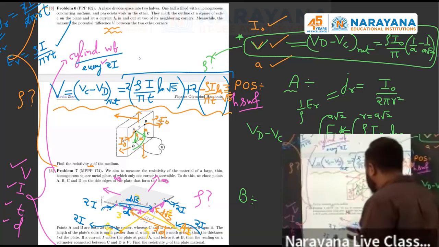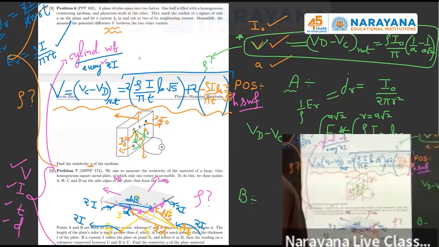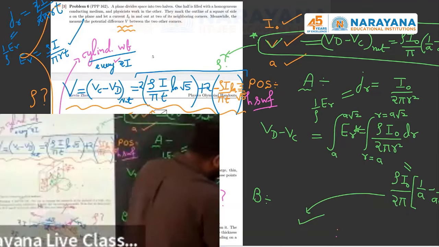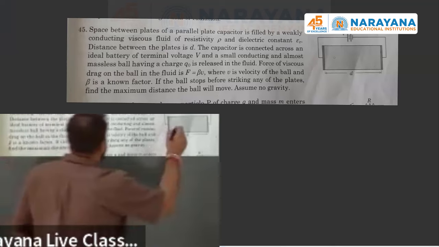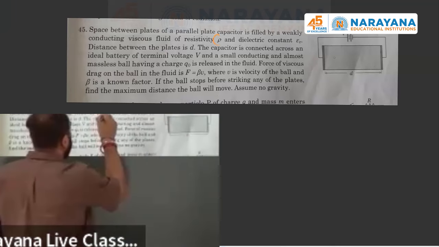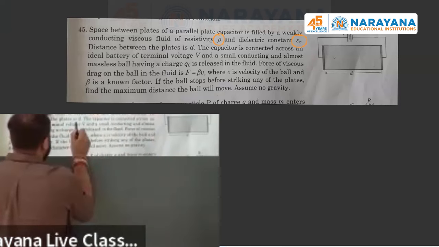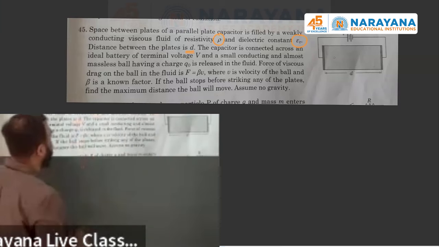So both the questions are based on the geometry or the symmetry, and they are identical ideas to solve, right? So that liquid has a resistivity rho, a dielectric constant of epsilon r, and the distance between the plates is d.